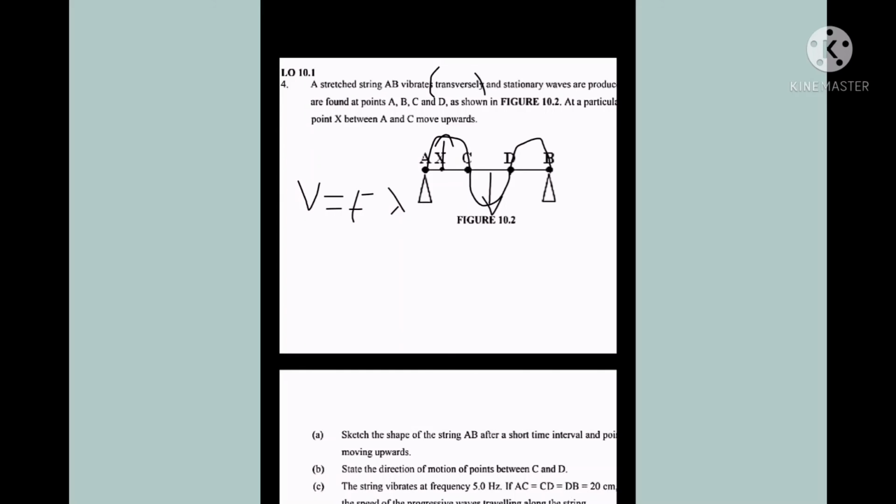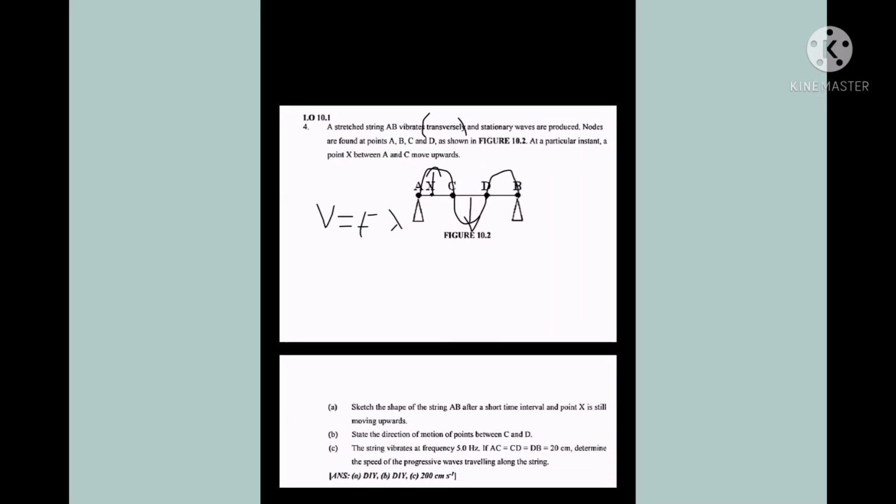Okay, just like this. So they want the speed. So the first thing, we have to know the length between nodes.